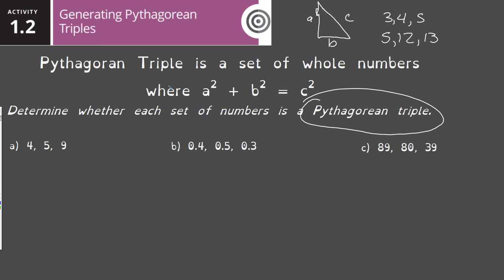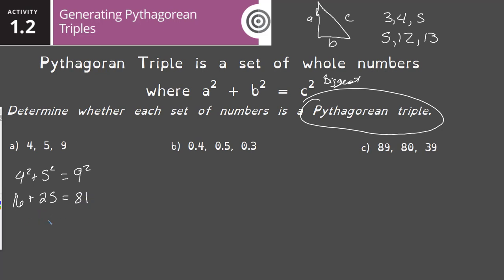So our C is always our biggest number. So what's my C in letter A? So 9 squared. The other two, it doesn't really matter the order. 4 squared is? Plus 5 squared is? Equals 9 squared, which is?